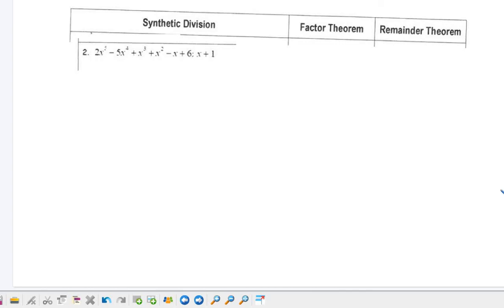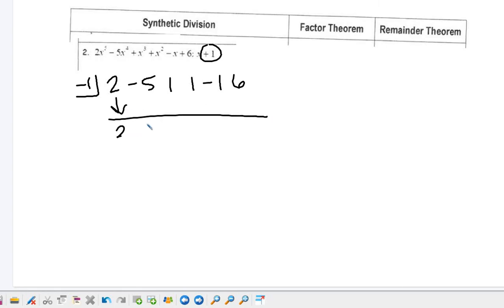So we have factor theorem versus remainder theorem. So the work is the same. Plug in the negative or the opposite. So 5, 4, 3, 2, 1, 0. So 2, negative 5, 1, 1, negative 1, 6. So bring down the first one. Multiply, add. Multiply, add.